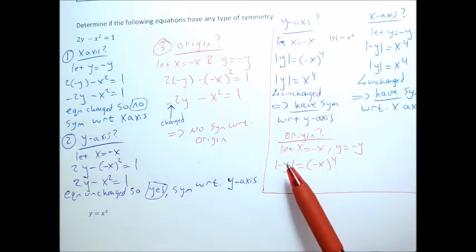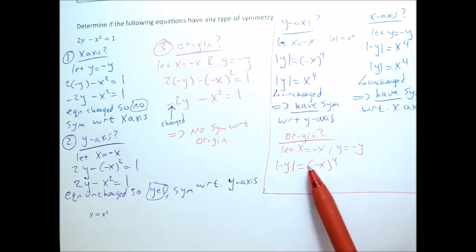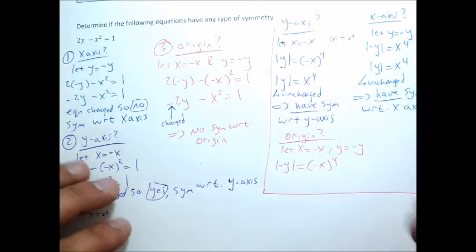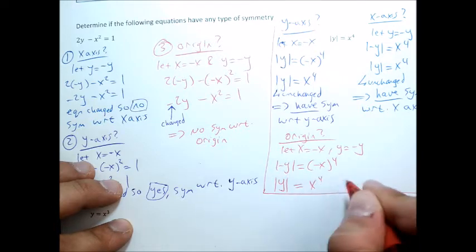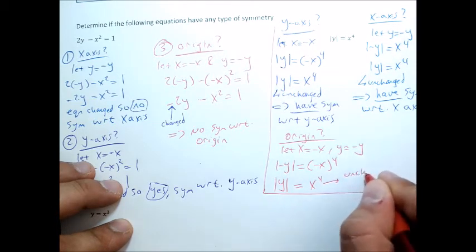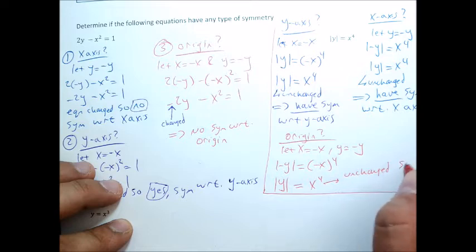And both those things are going to happen together. Those both become positive, and we end up with absolute value of y equals x to the fourth. And so unchanged, so symmetry with respect to the origin as well.